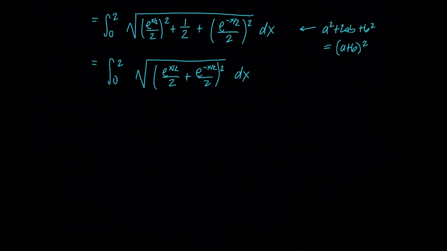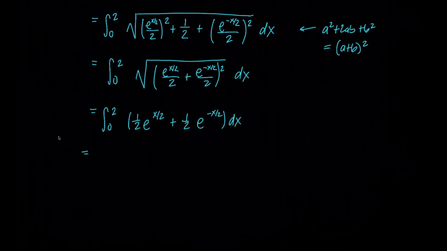All right, so now on the interval from 0 to 2, we can go ahead and cancel the square root and the squared and be left with 1/2 e to the x over 2 plus 1/2 e to the negative x over 2 dx.